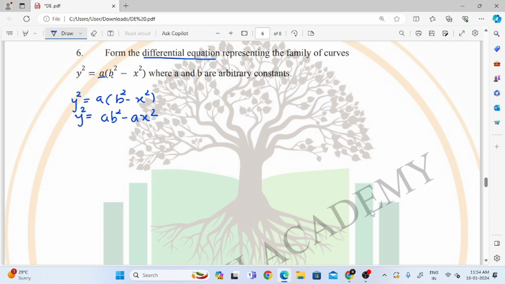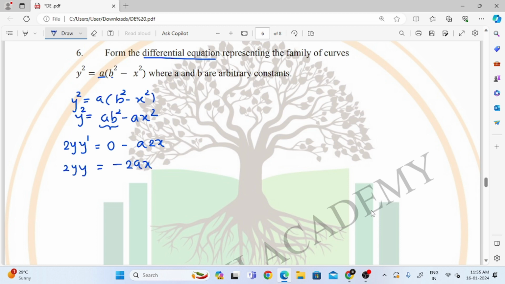Now we will take the derivative. Derivative of y square is 2y, and derivative of y is y dash, is equal to, this is the full constant term ab square, so derivative of that constant term is 0, minus a as it is, derivative of x square, that is 2x. So we can write minus 2ax.